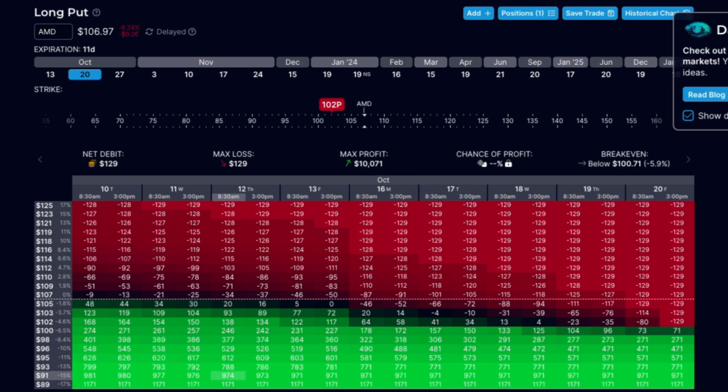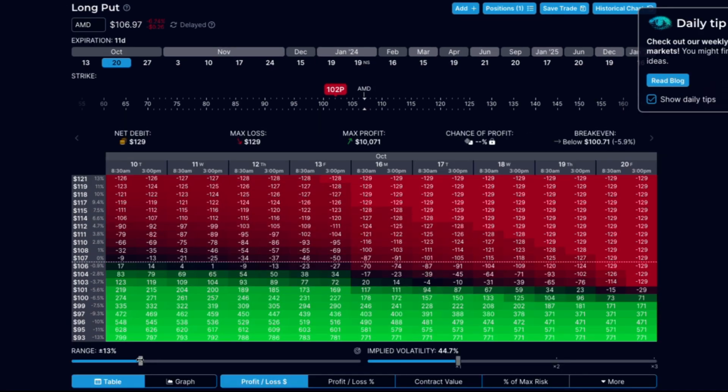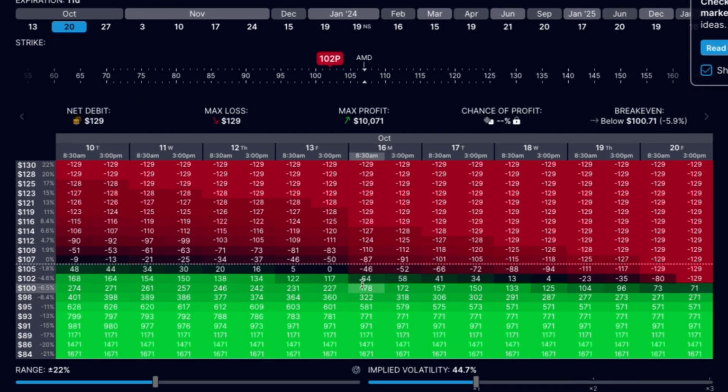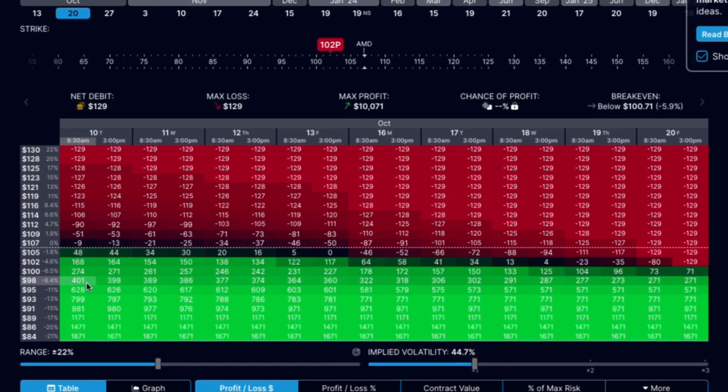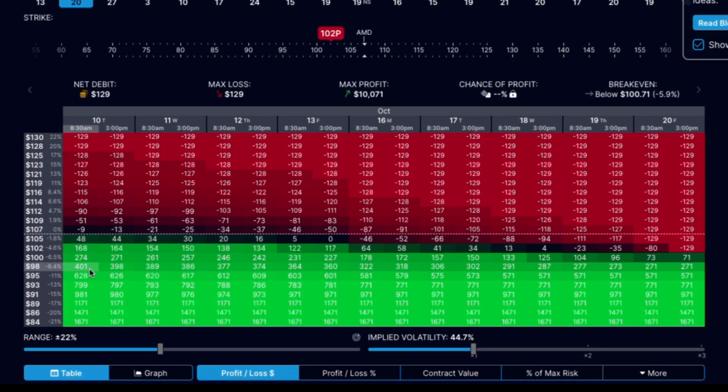As you see here, let's say tomorrow some news comes up and AMD goes down. If AMD goes down to, let's say, 100, you are going to double your money in a day. You spent 129, which is your max loss, so that is what you paid, but you're going to make 274.